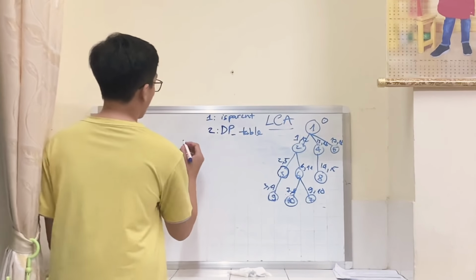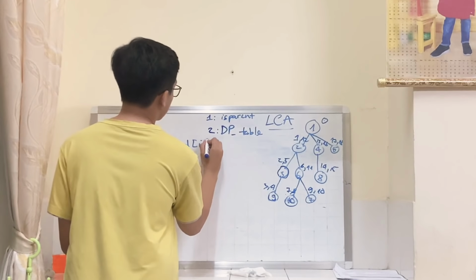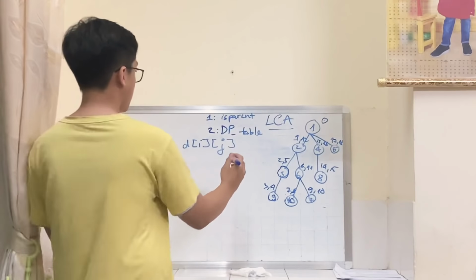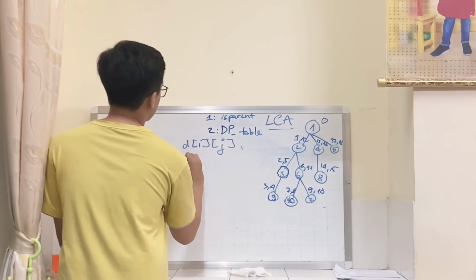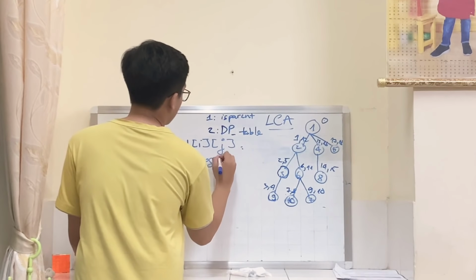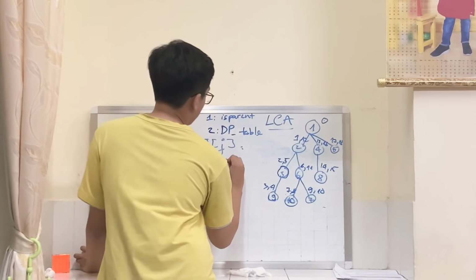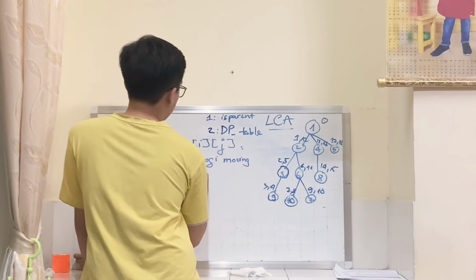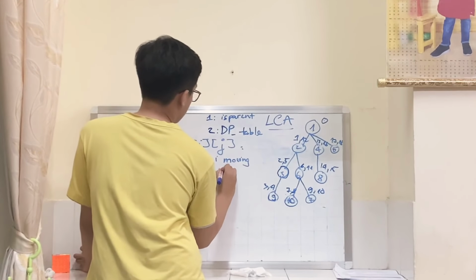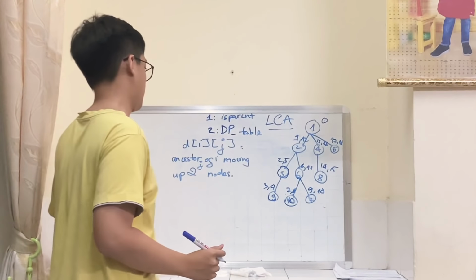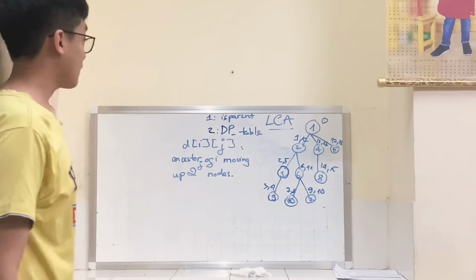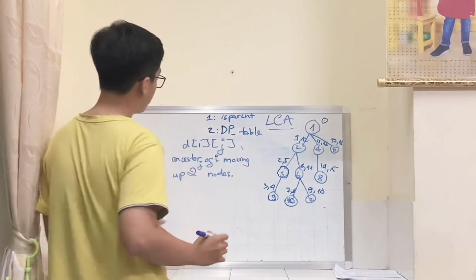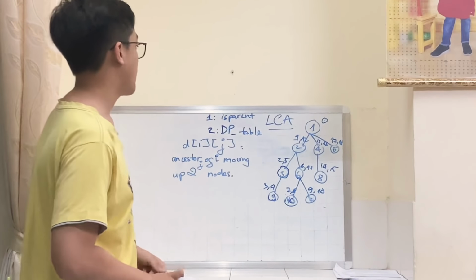I'll call it D[i][j], the ancestor of i by moving up 2 to the power of j nodes.